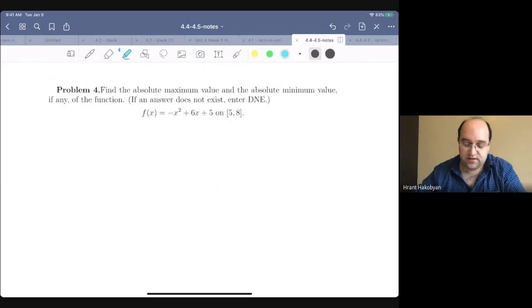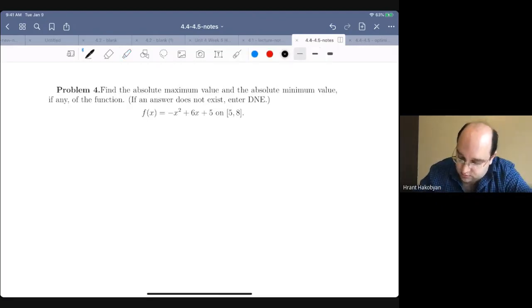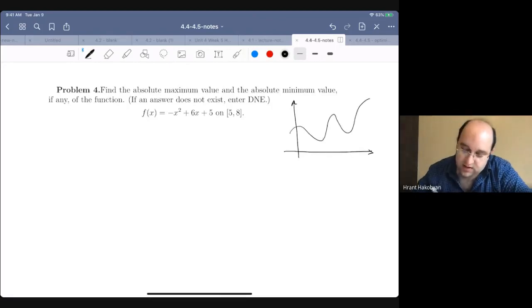So in this case, we have a function and we have to find the absolute maximum and minimum in a given interval. The picture looks like this. I don't know in this particular case how the graph looks, but in general the graph may look like this, and say you're interested in the interval from here to here.